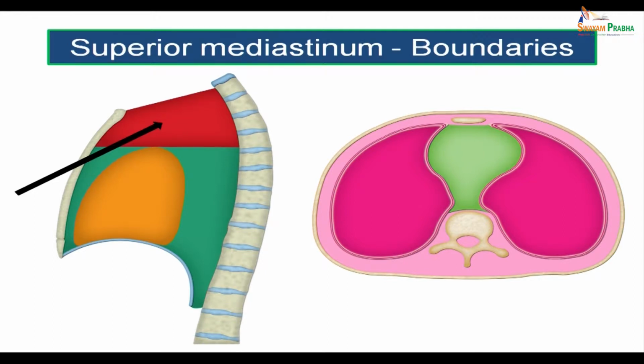On either side, it is bounded by the mediastinal pleura. So these are the boundaries. Above is the thoracic inlet, below is the imaginary plane, anteriorly is the manubrium sterni, and posteriorly are the upper four thoracic vertebrae. On either side, the mediastinal pleura.